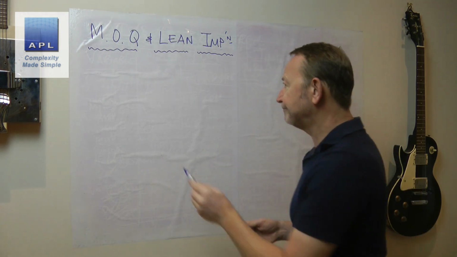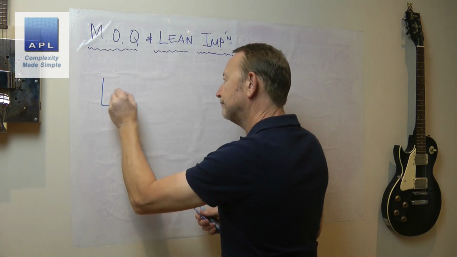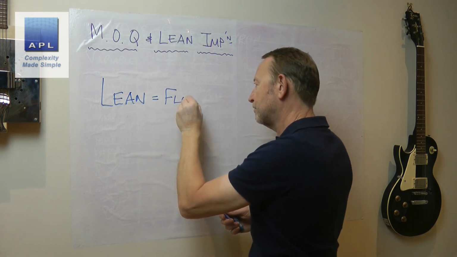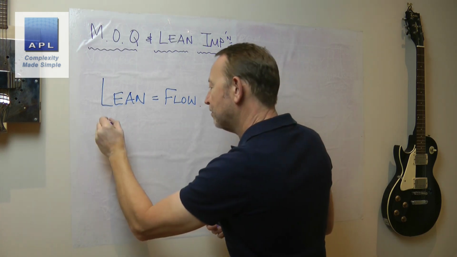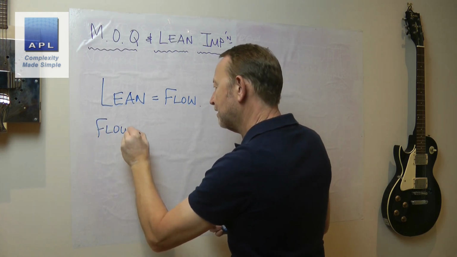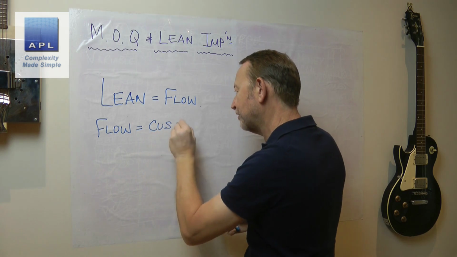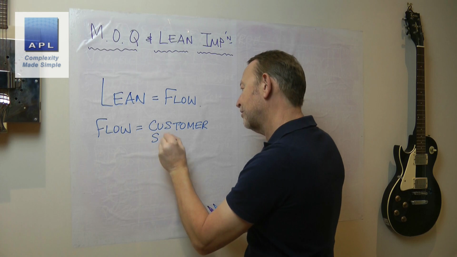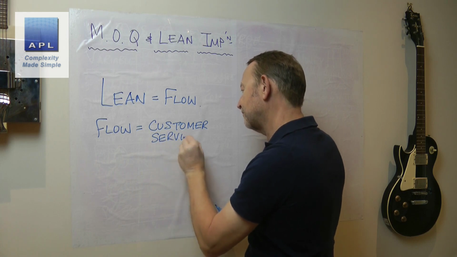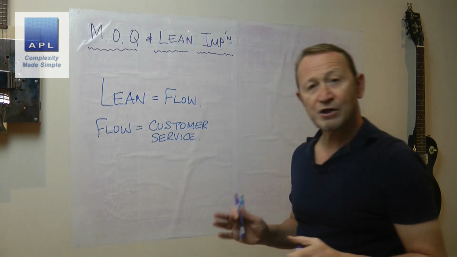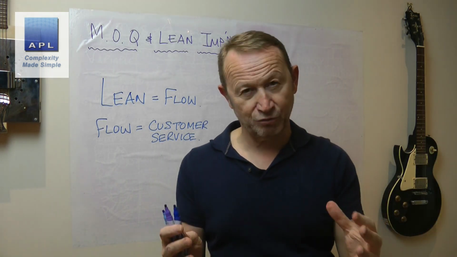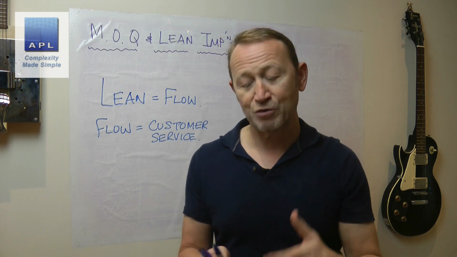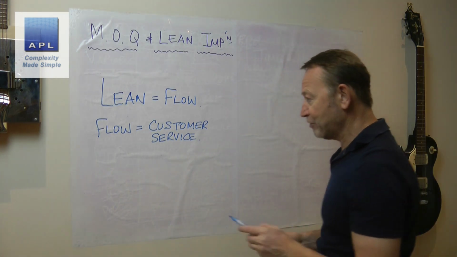Lean, remember, equals flow, and flow equals customer service. Stock is not what services your customer. It's all about the speed of the flow. So essentially, it's very simple.